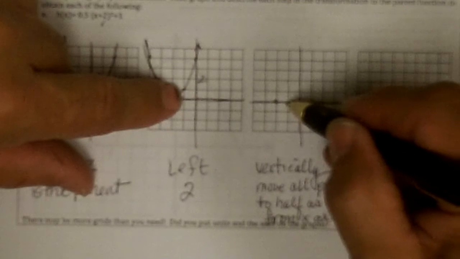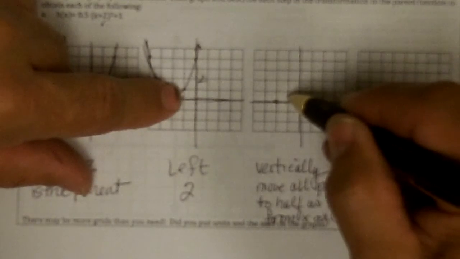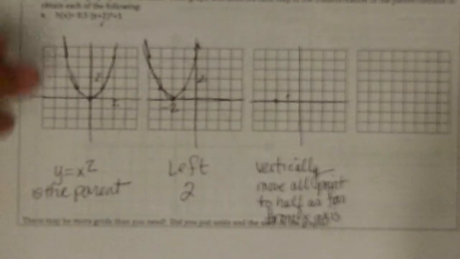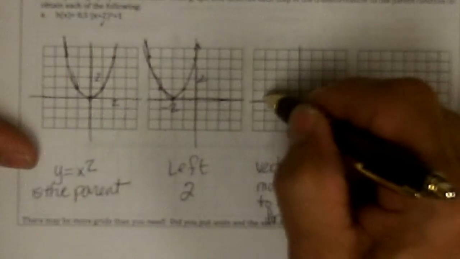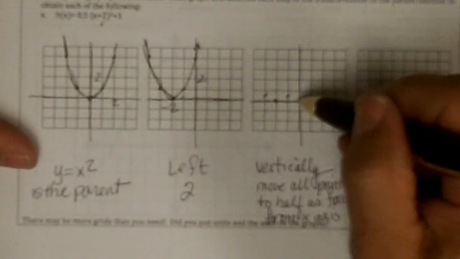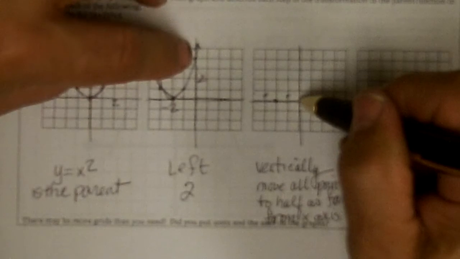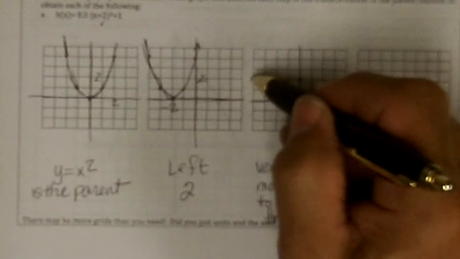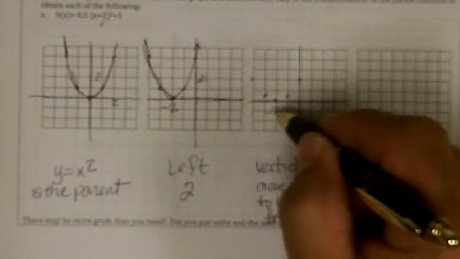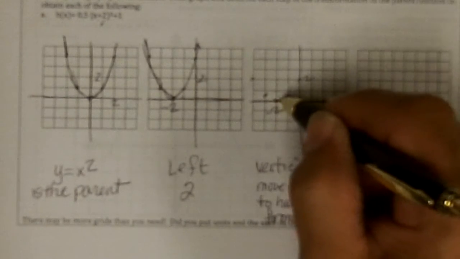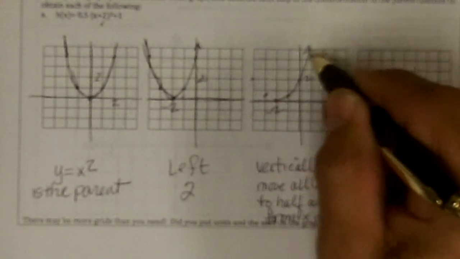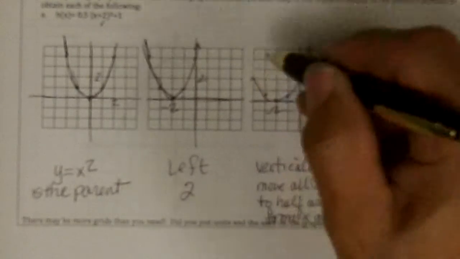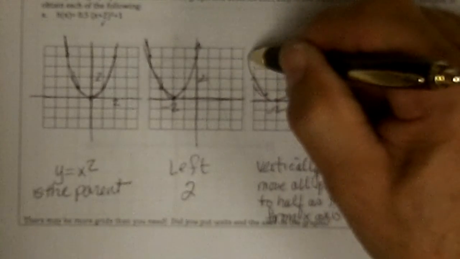This one's up 1, so it becomes a half as far. It goes to a half, and so does this one. And then at 2 over, it was up at 4, half as far is 2. So this is minus 2, and this is 2, and we now have a parabola that looks wider, but it's not really wider.